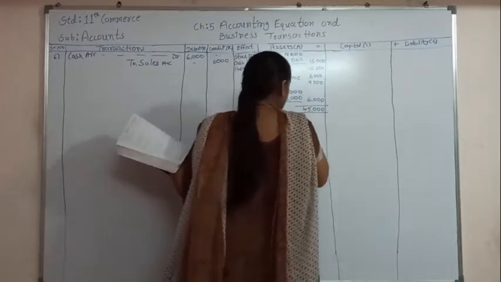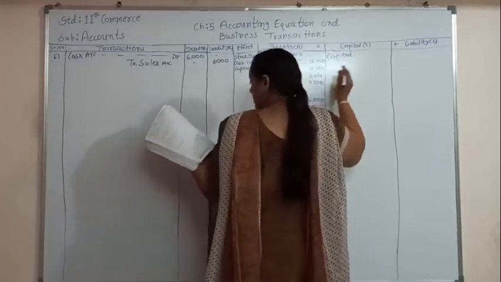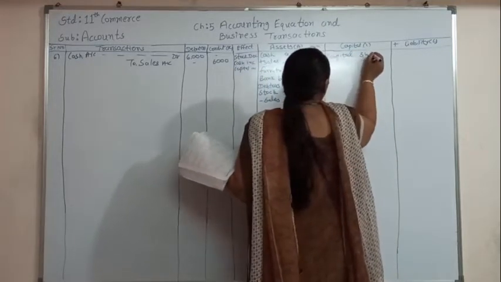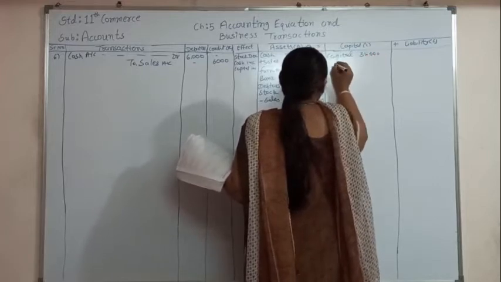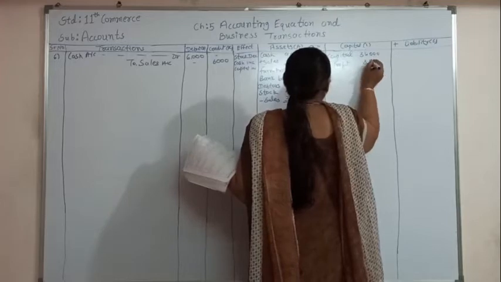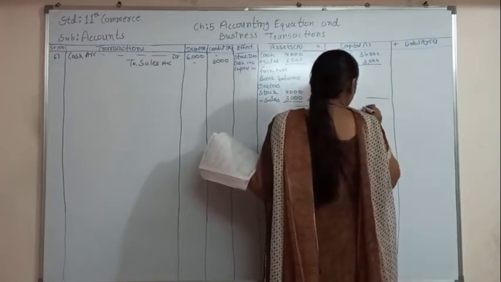And let's see the capital account. The capital account was of rupees 34,000, and in that we are going to add the profit portion. That profit is of rupees 3,000 that we are going to add. So the total will be 37,000.